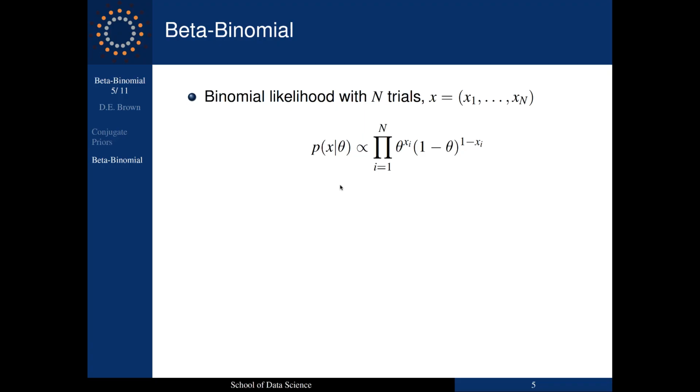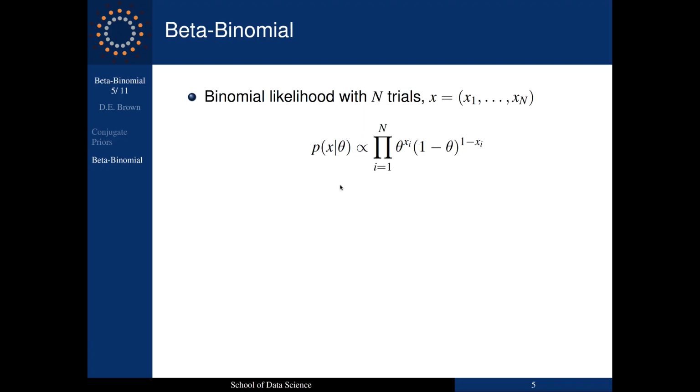So we've expressed it as n trials. X is the vector of Bernoulli trials. X1 would be either a 0 or 1, X2 would be a 0 or 1, and so forth, all the way up to Xn. The likelihood of getting a 1 in this particular case, we're designating as theta.